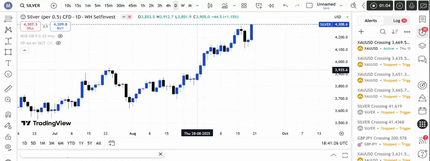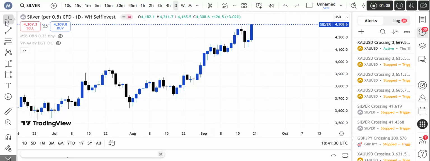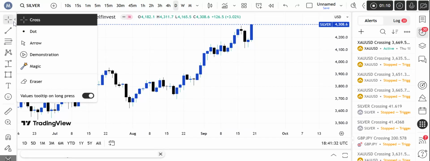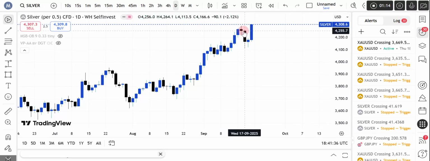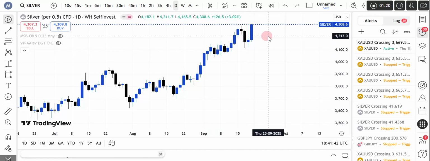This structure, I already knew what Silver is doing, because in the last 6 months Silver did the same thing. Silver and Gold always repeat the same structure.